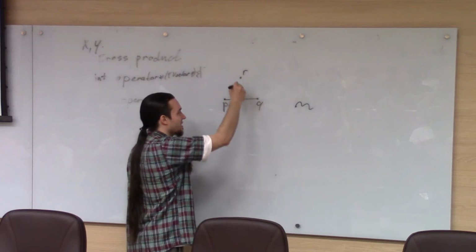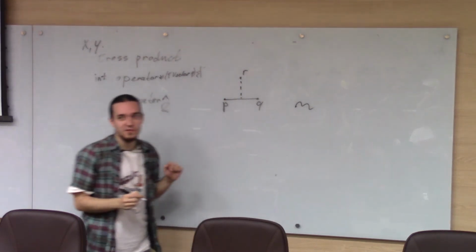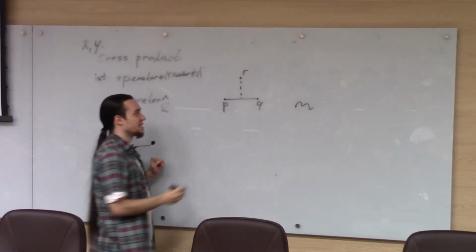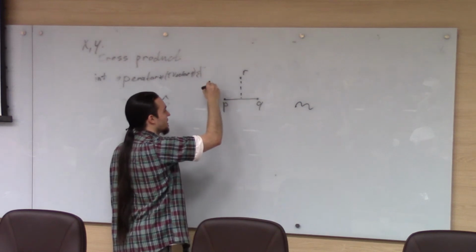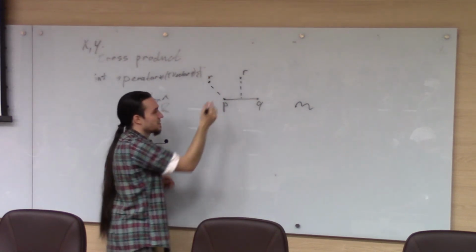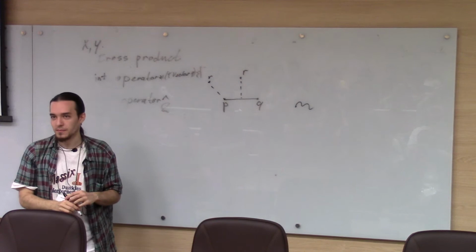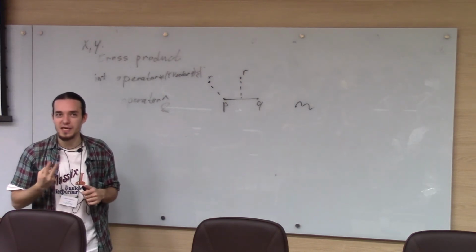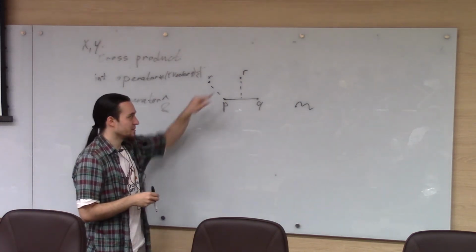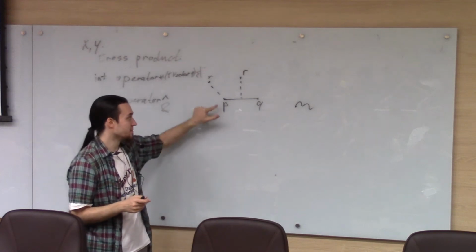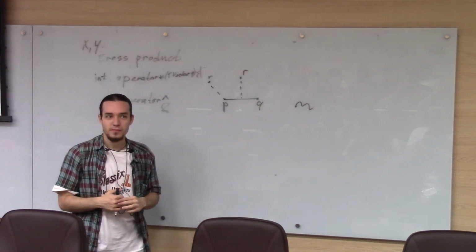If the point is located here, then it's just the length of the perpendicular, and if the point is located here, then it's the distance to the point P. So there are actually 2 cases, right? The length of the perpendicular and the distance to the point P.